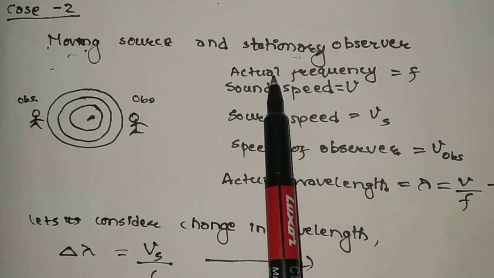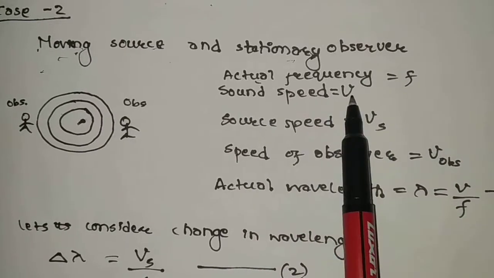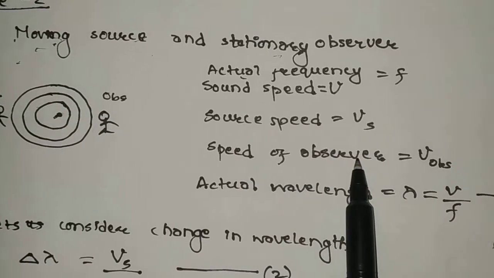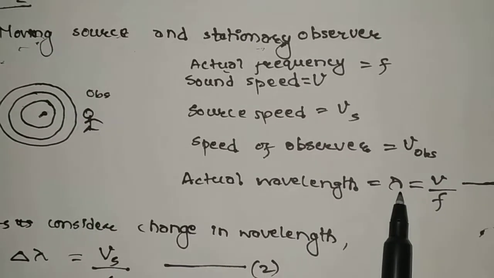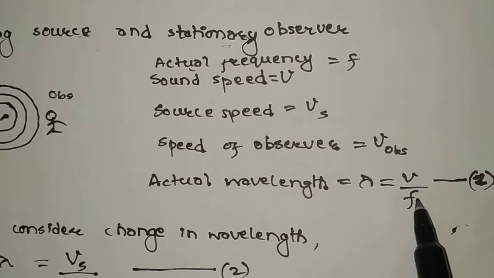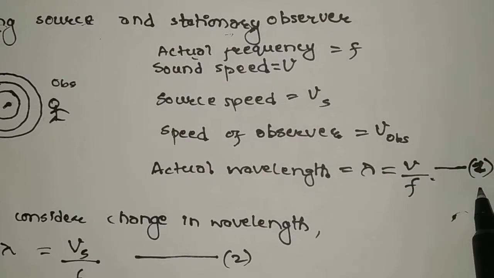We are using actual frequency as F, sound speed as V, source speed as Vs, speed of observer as Vo, and actual wavelength as lambda. And we know that lambda equals V by F, velocity by frequency. Let this be equation number 1.